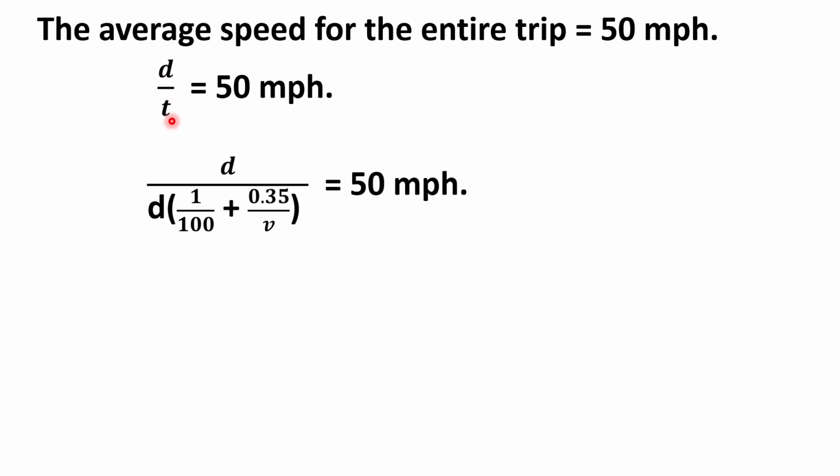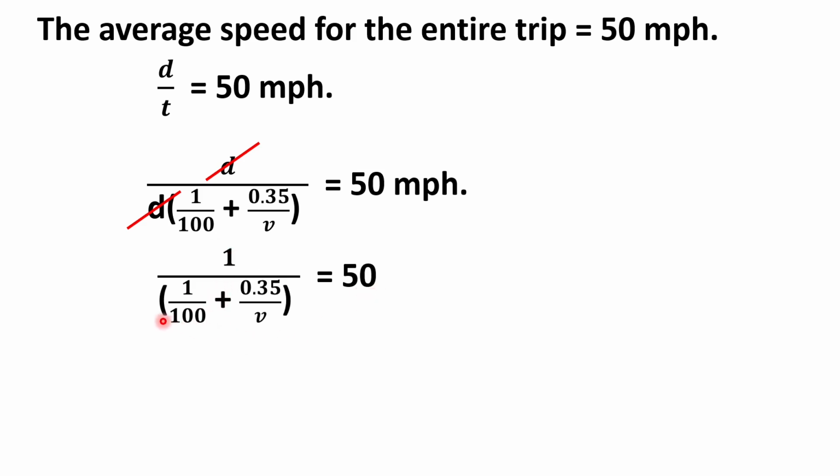Now we will solve this equation for the value of V, which is our requirement. Here this d will cancel this d. After cancelling d, we have the equation like this, and now we will multiply this whole equation by 50. So our equation will become like this.